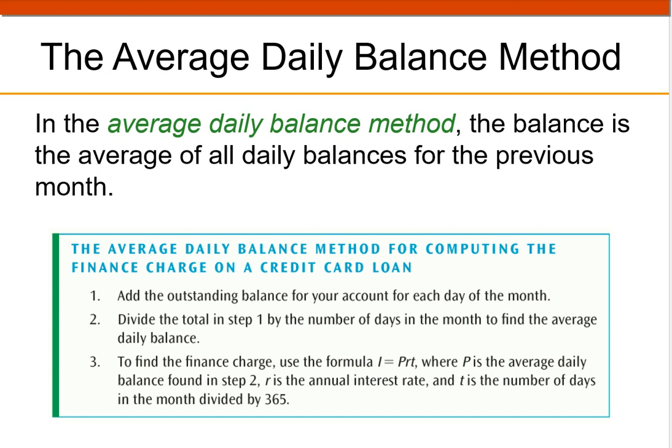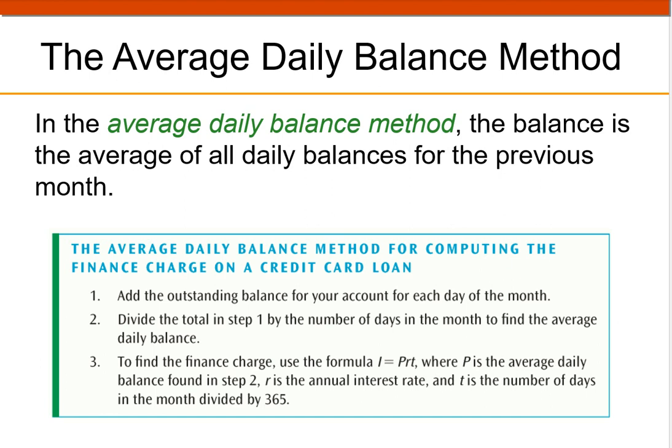Okay, this is going to be the average daily balance. And they do this every month. Credit cards only charge you interest monthly, okay? But if they do the average daily balance method, they are going to look at what your balance is every single day of the month.